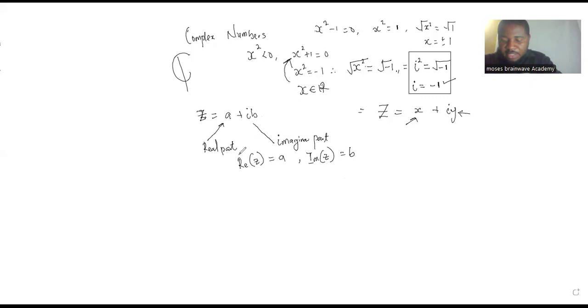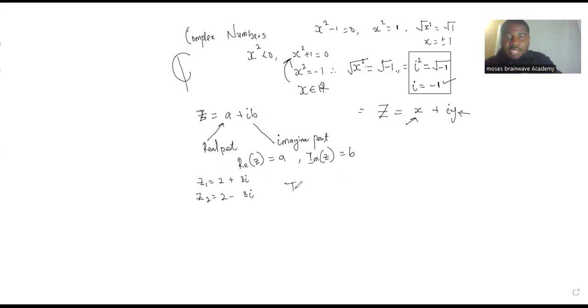So I can have two complex numbers, for example Z1 equals 2 plus 3i, and another complex number Z2 equals 2 minus 3i.